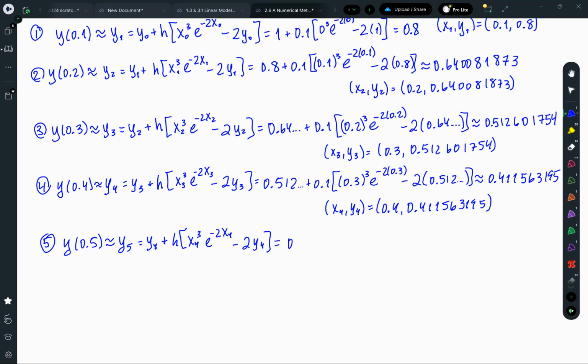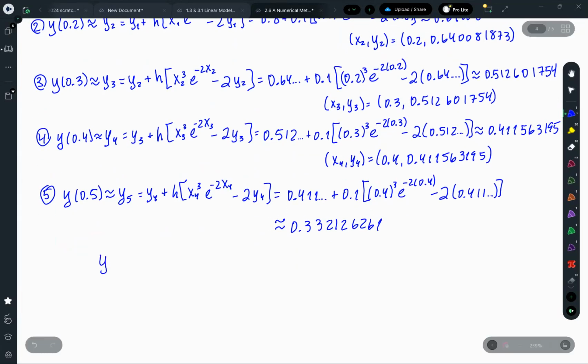This is equal to 0.411 dot, dot, dot plus 0.1 times x4 is 0.4 cubed e to the minus 2 times 0.4 minus 2 times the 0.411 dot, dot, dot. And this gives me approximately 0.3321262661.